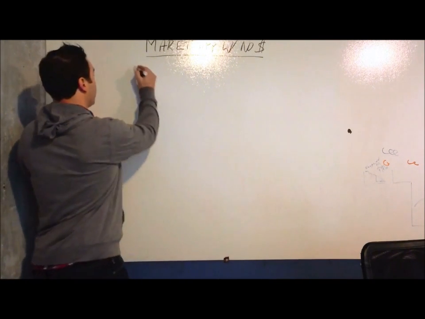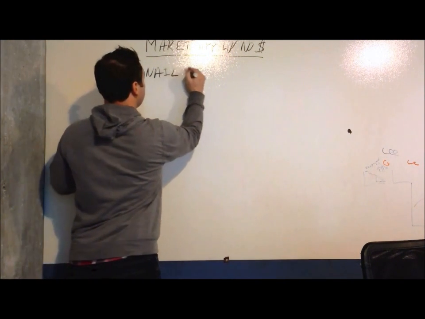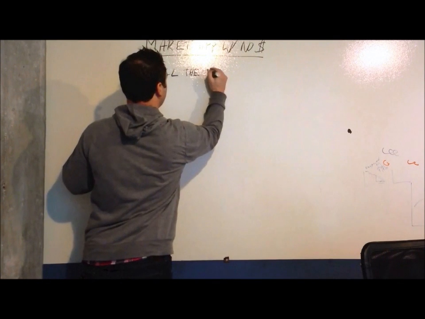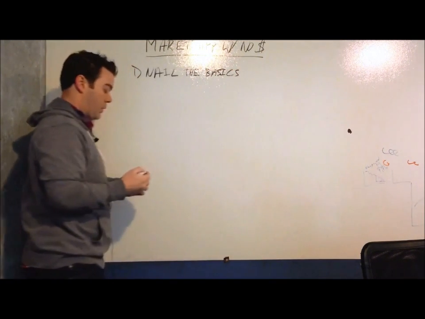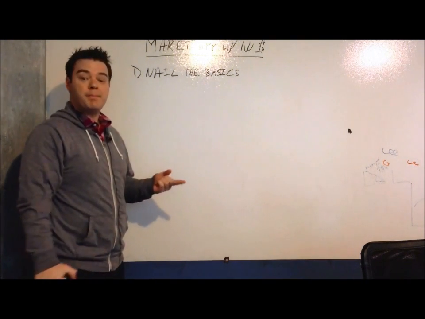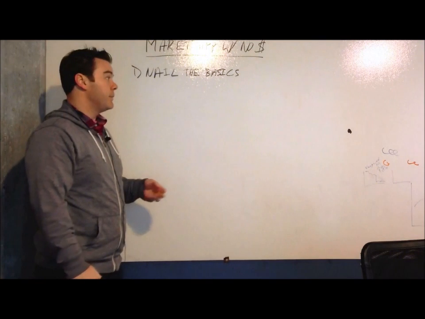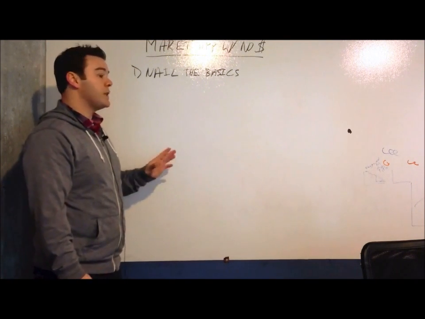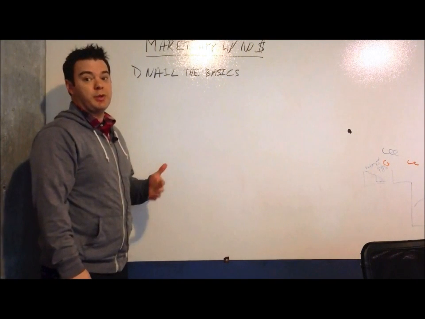The first thing that we're going to talk about is nail the basics. The basics are things like your app name, your app description, your screenshots, your icon. All of those things need to be well thought out and presented in a visually appealing way.